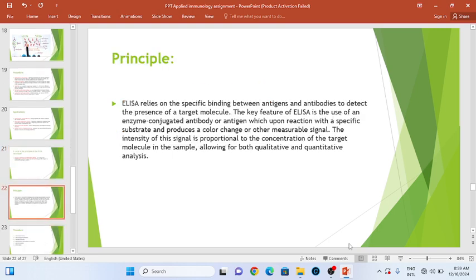The principle behind ELISA is that it uses specific binding between antigen and antibody to detect the presence of a target molecule. ELISA uses an enzyme-conjugated antibody or antigen which, upon reaction with a specific substrate, produces a color change or a detectable signal. The intensity of this signal is proportional to the concentration of the target molecule in the sample, which allows both quantitative and qualitative analysis.